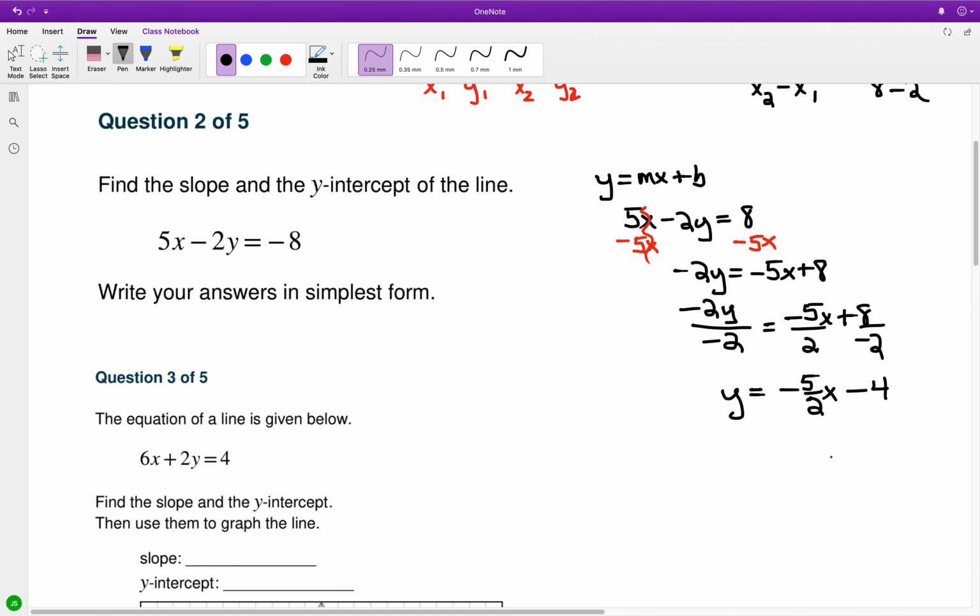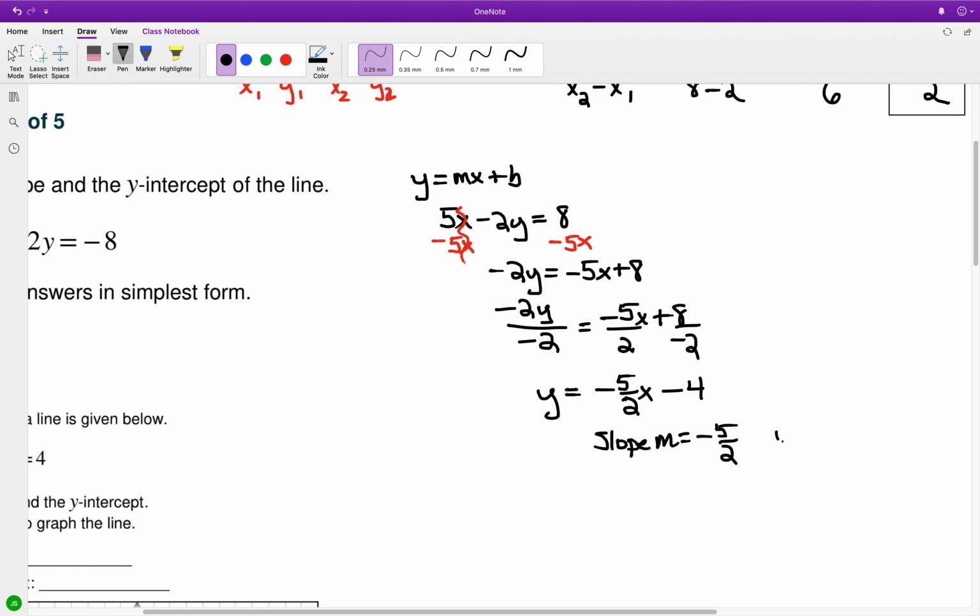In this setup, we have the slope-intercept form. The coefficient of the x term is the slope, so the slope is -5/2. As for the -4 that follows, we have the y-intercept.